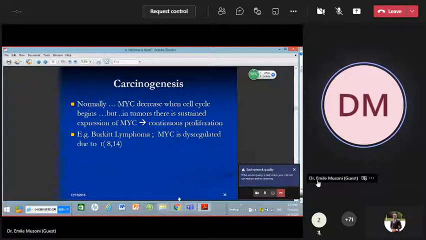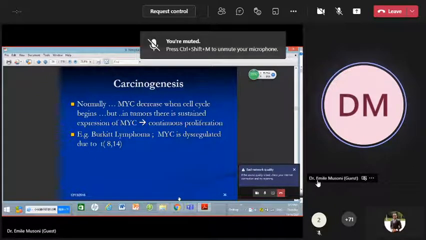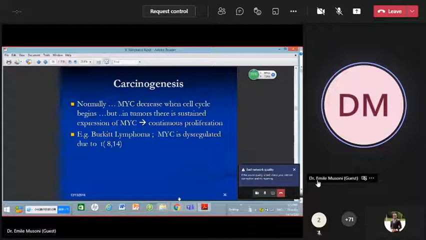MYC is found in Burkitt lymphoma, which we see in systemic pathology, where there is a translocation of 8 to 14 in the case of Burkitt lymphoma. I communicated that modern medicine narratives are about gene therapy. Here in our settings, we do the diagnosis, but we don't have enough molecular equipment, reagents, and consumables to characterize those gene mutations.